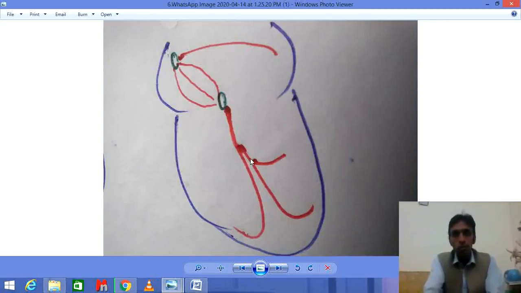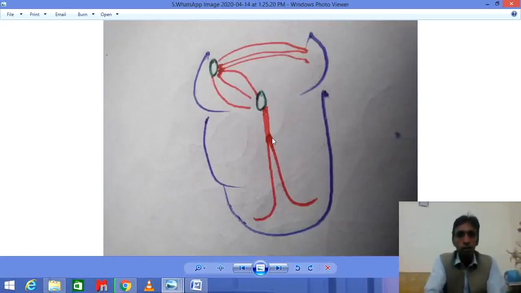The left bundle branch further gives two branches, this branch and this branch. The right one does not give any further big branch, while the left bundle branch gives two big branches, this one and this one. Actually, the left bundle branch is from here to here, and this is the next branch of this one.